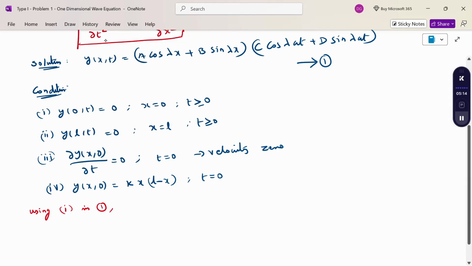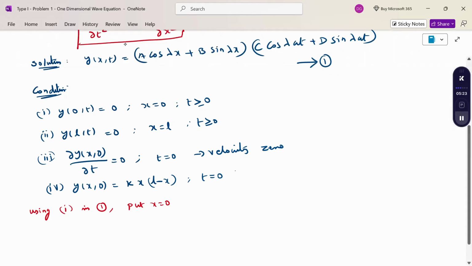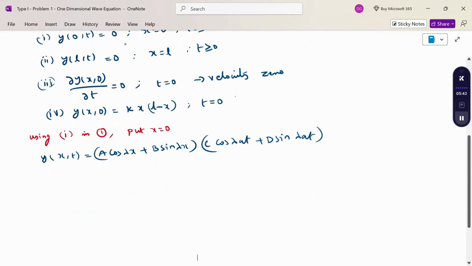What is condition 1? x is 0. So put x = 0 in equation 1. What is equation 1? y(x,t) = (A cos λx + B sin λx)(C cos λat + D sin λat). So this is the solution, equation 1.